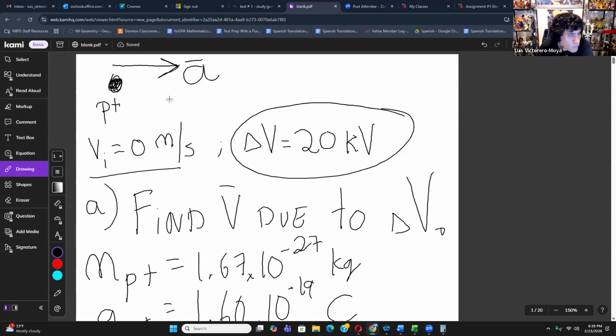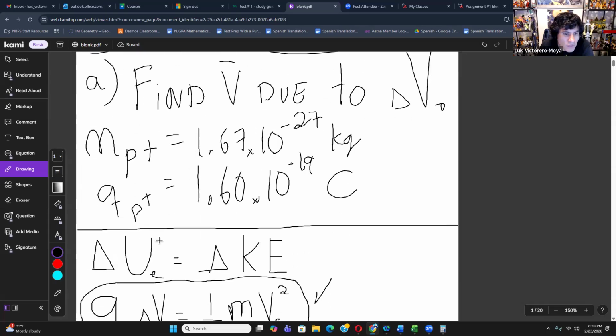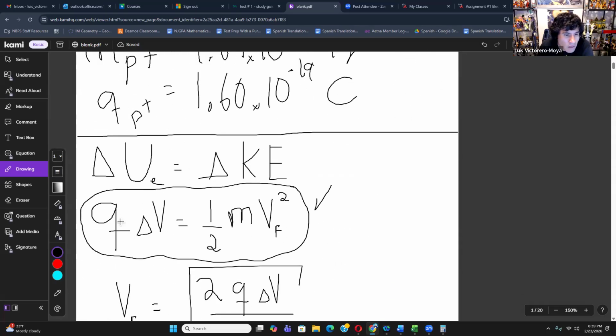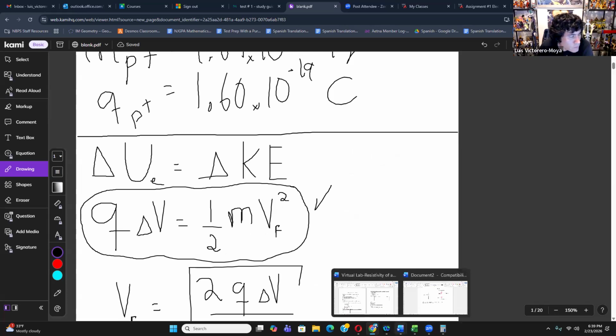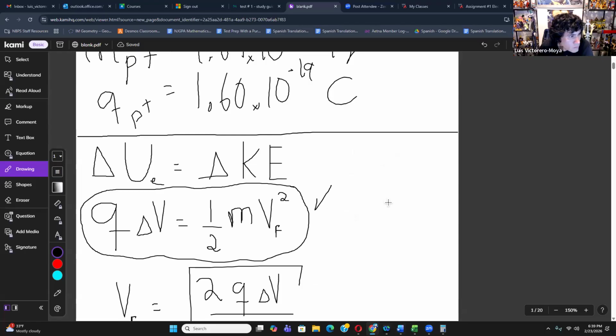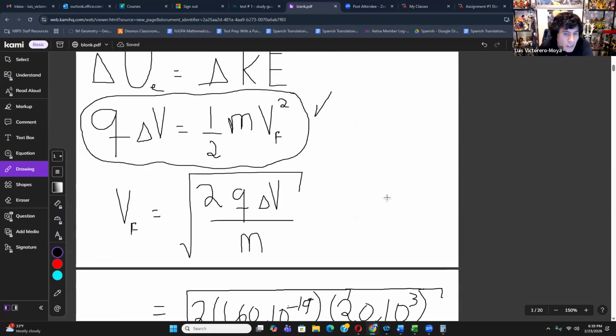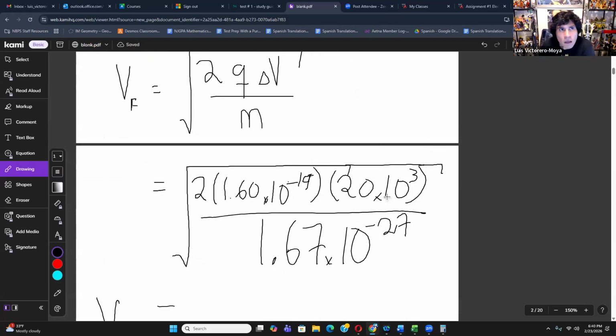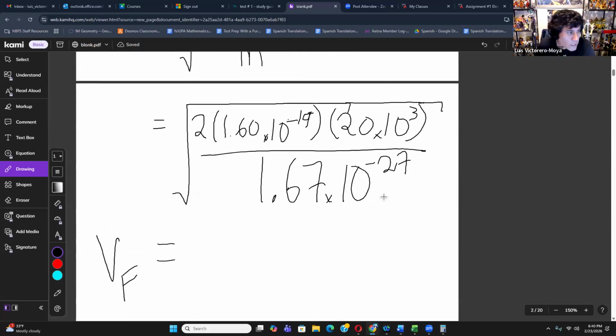There's no friction for the proton. It's being accelerated by this electric potential, which gives it energy, written like this, Q delta V, which converts into kinetic energy like this. And then from this formula we find the final speed due to the electric potential.